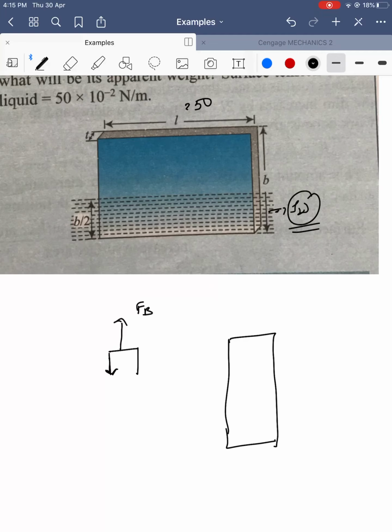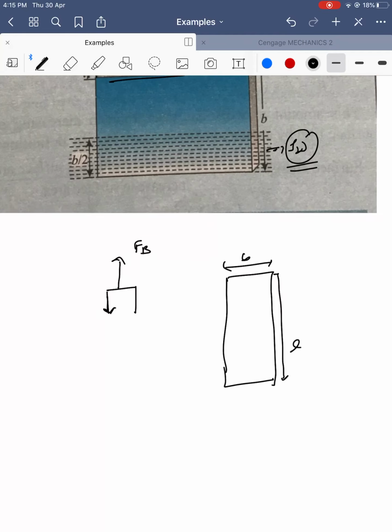If you see it from the top, it is like a rectangle with length L and width B. So the total is T into 2 into (L plus B) in the downward direction, plus mg in the downward direction.